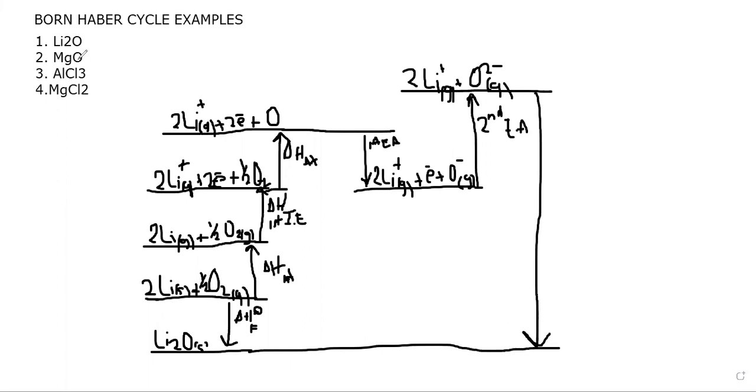All right, so now we're going to do magnesium oxide. Magnesium is Mg. The magnesium ion is Mg2 plus, and the oxide ion is O2 minus.